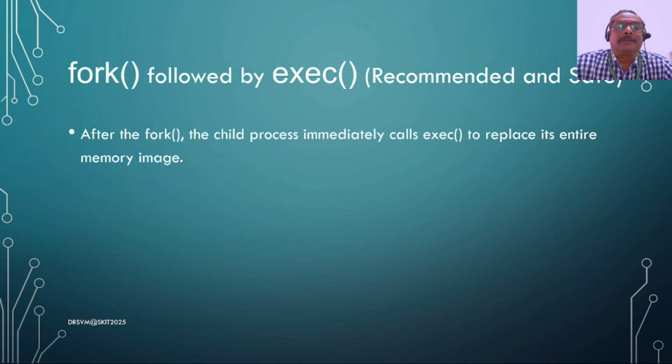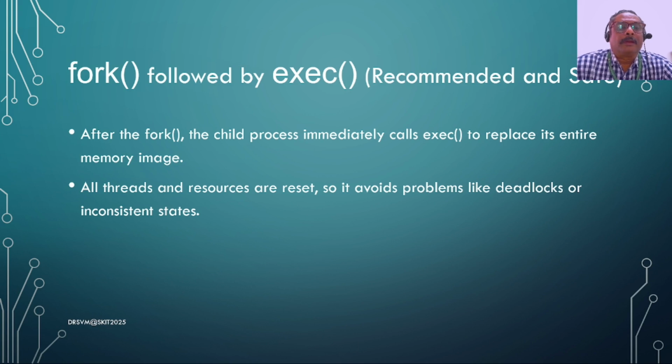After the fork, the child process immediately calls an exec system call to replace its entire memory image. Whatever the parent's memory image was, it will be totally replaced with a new image, and all the threads and resources are reset, so it avoids problems like deadlocks or inconsistent states.